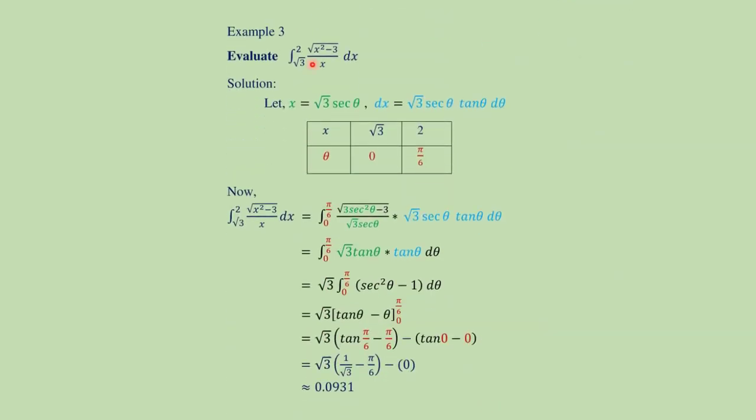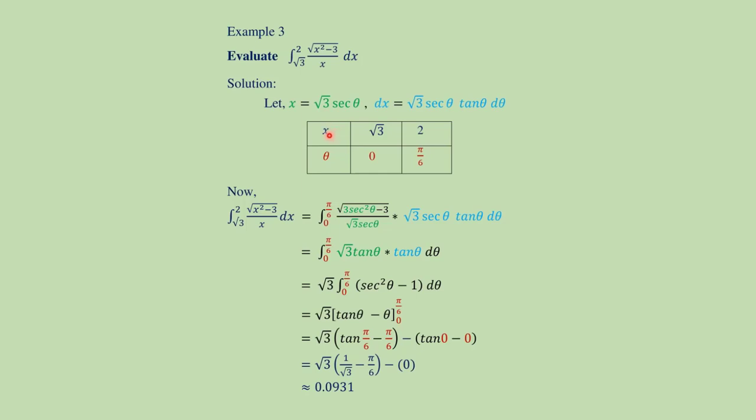For this example, we have an expression like square root of x square minus a square, where a is square root of 3. So we will substitute this x by square root of 3 sec theta. So dx would be square root of 3 sec theta tan theta d theta. Now since we are using the substitution method, we also need to change the limit.